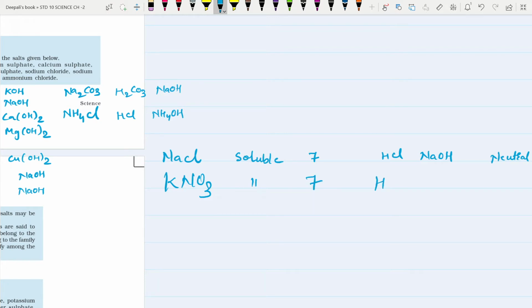It is formed by HNO3 and KOH and it is also neutral.